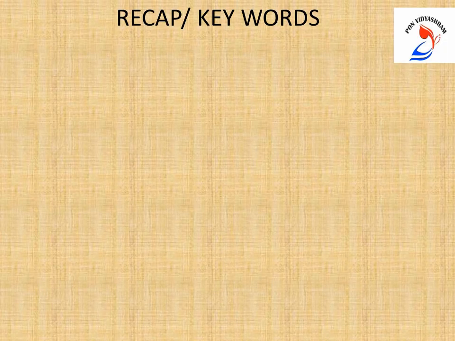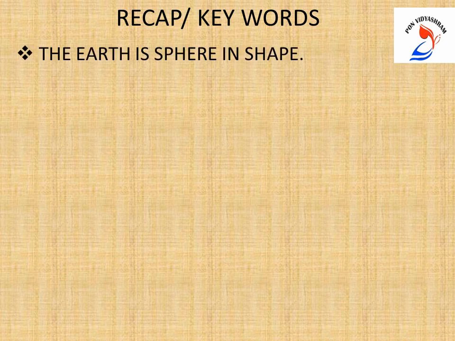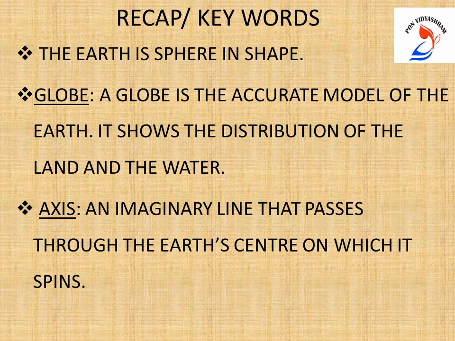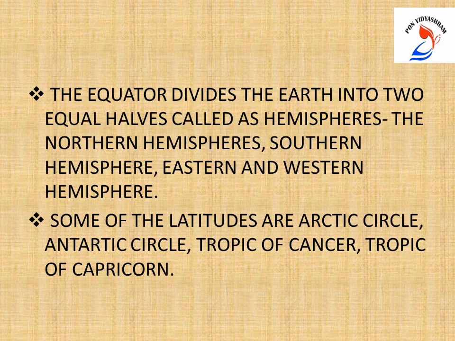Okay children, now let's summarize what we have learned and let's learn some keywords. The earth is a sphere in shape. Globe: a globe is the accurate model of the earth. It shows the distribution of the land and the water. Axis: an imaginary line that passes through the earth's center on which it spins.